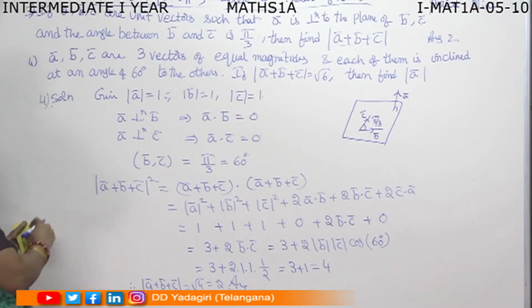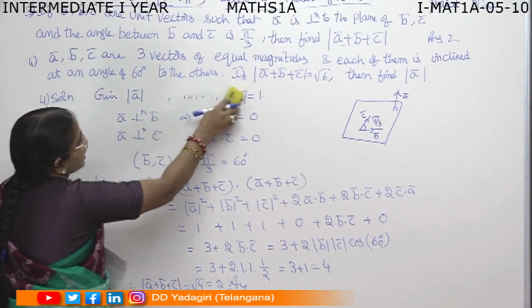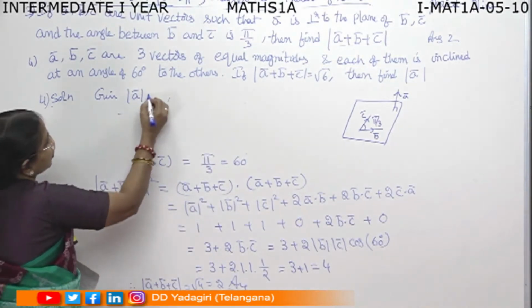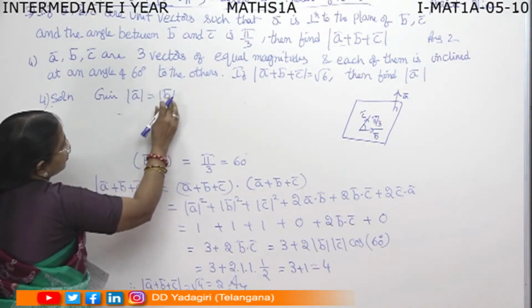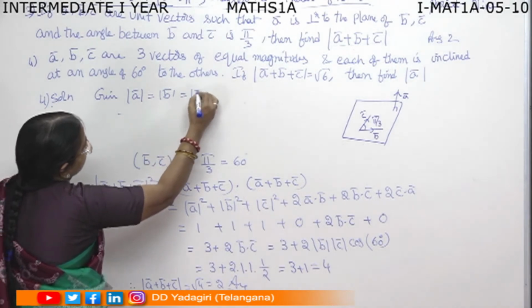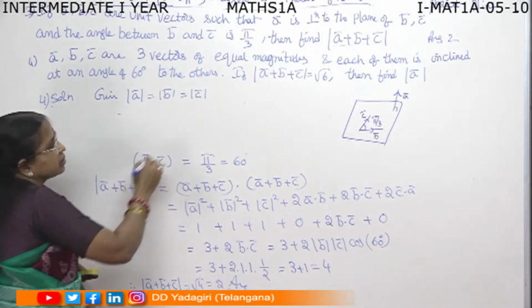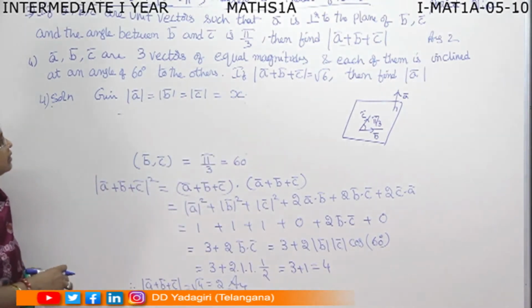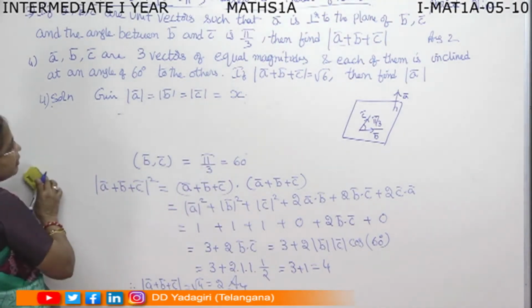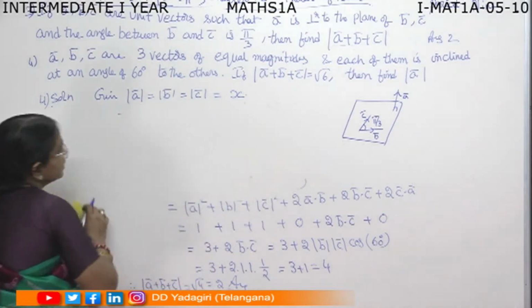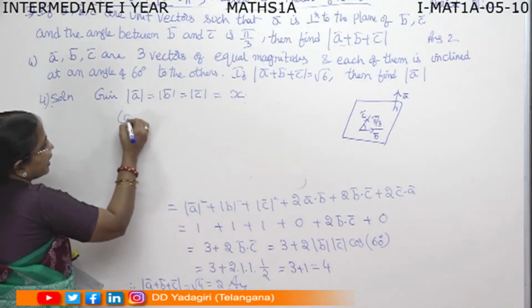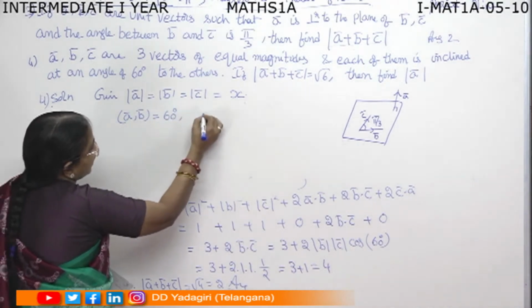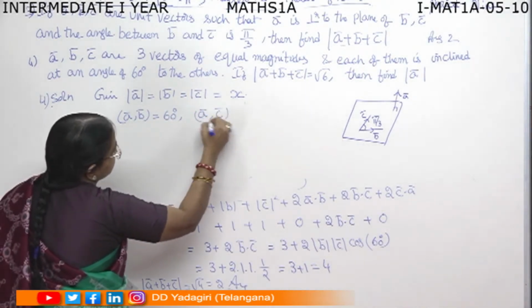Fourth one solution: given that mod A is equal to mod B is equal to mod C, all the three are equal. So we'll take them as some x. Mod A, mod B, mod C is equal to x. And each of them is inclined at an angle of 60 degrees. That means the angle between A and B is 60 degrees, and the angle between A and C is 60 degrees.